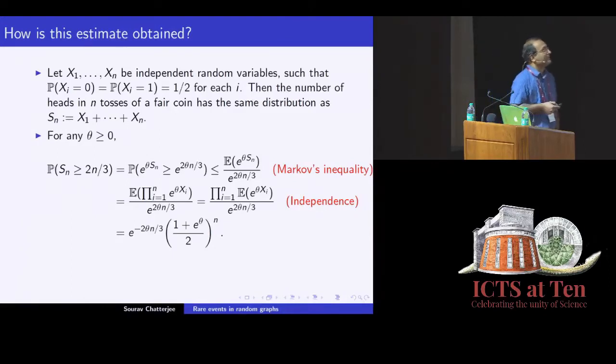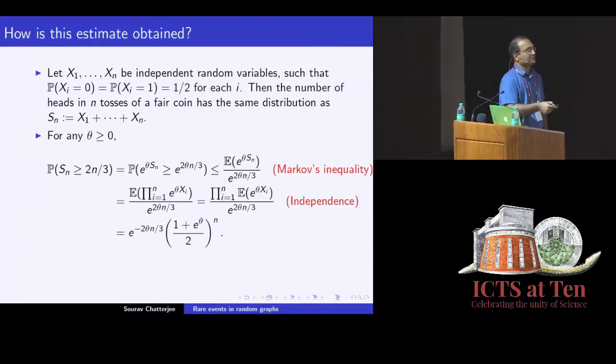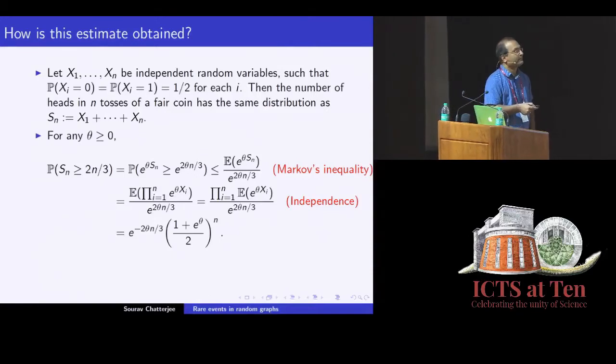Suppose you ask what's the chance that you get at least 2n over 3 heads. This can be written like this. Choose some parameter theta. This probability is the same as this probability because this event is the same as this event. And then you bound it by Markov's inequality. The probability that a random variable is bigger than some constant is bounded by the expected value divided by that constant. That's a very simple inequality.